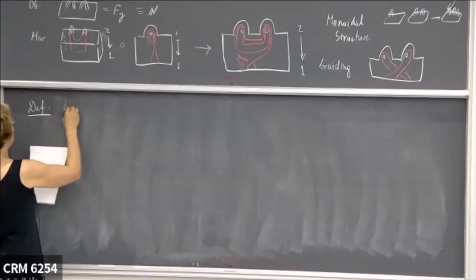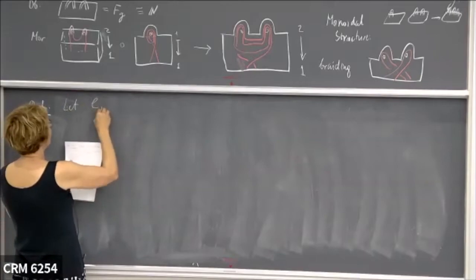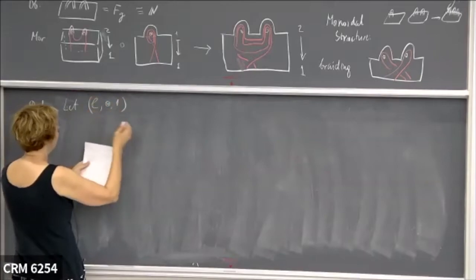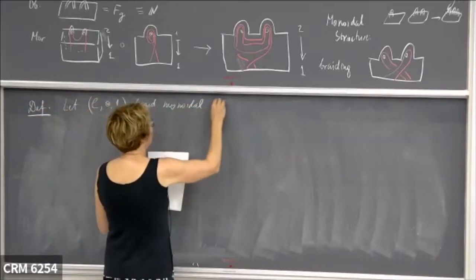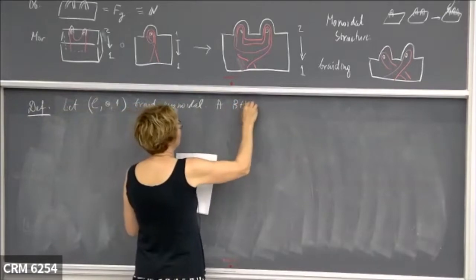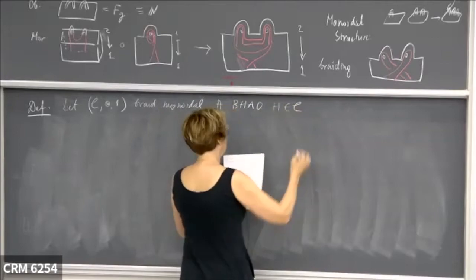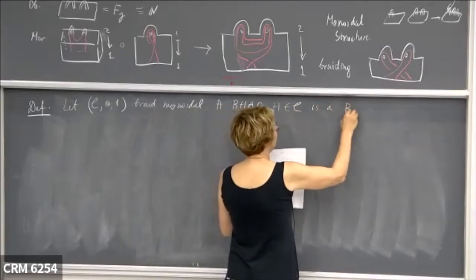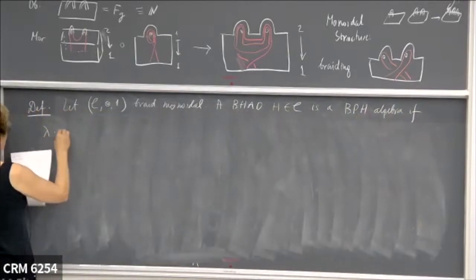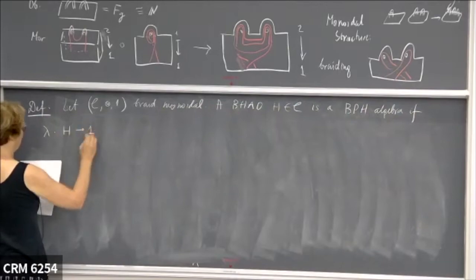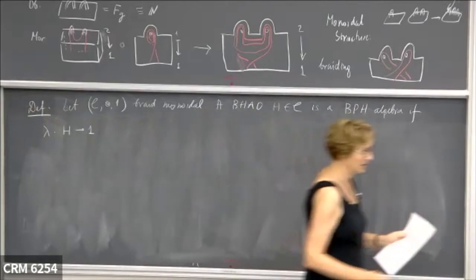So again, let's consider braided monoidal categories C around tensor units. A braided Hopf algebra object H in C is a Bobtcheva-Piergallini Hopf algebra if it comes equipped with an integral, which is a morphism from H to 1, and which I'll draw like this.